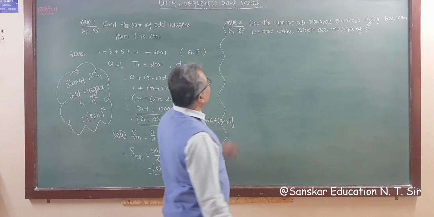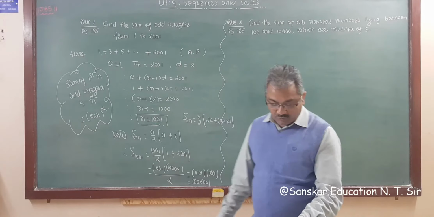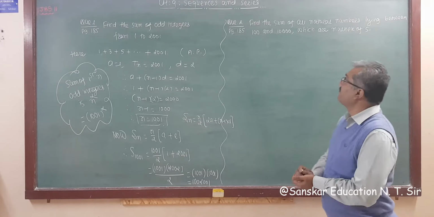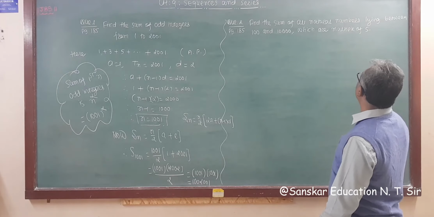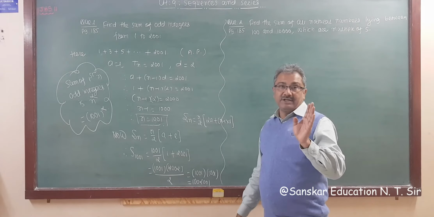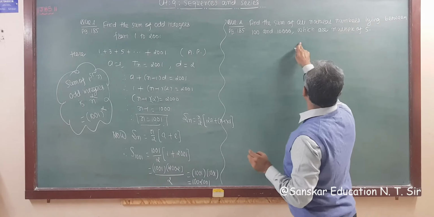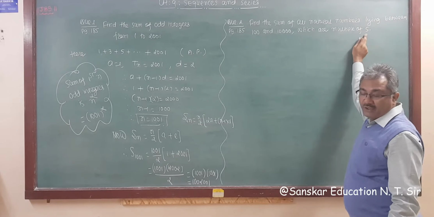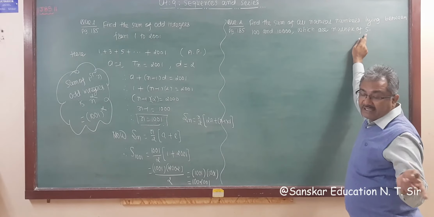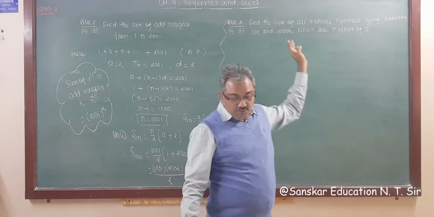Okay. Now the second question. This type of question is very important for competitive exams. The second question is: find the sum of all natural numbers lying between 100 and 10,000, which are multiples of 5.